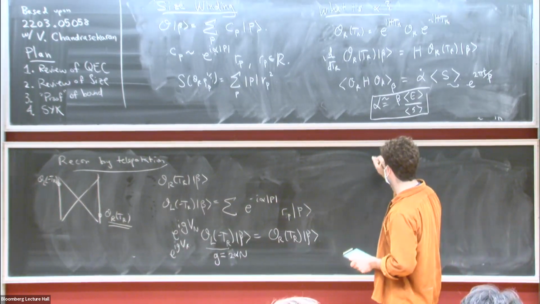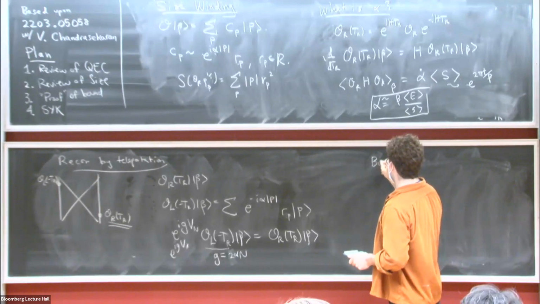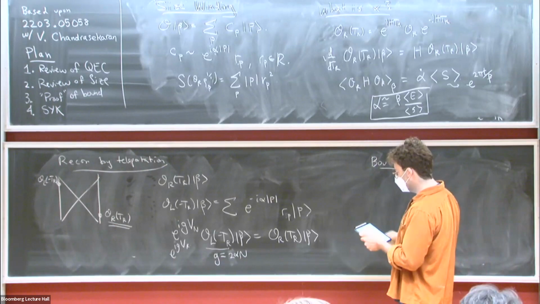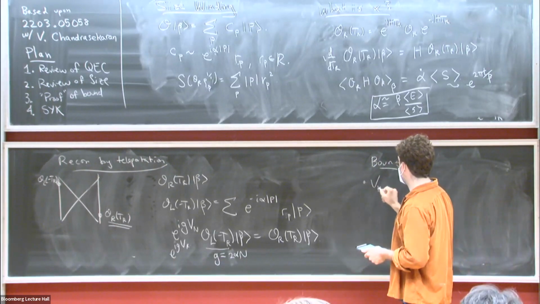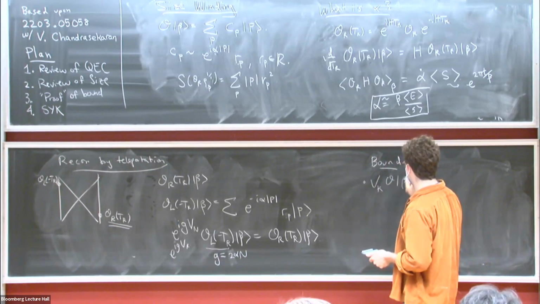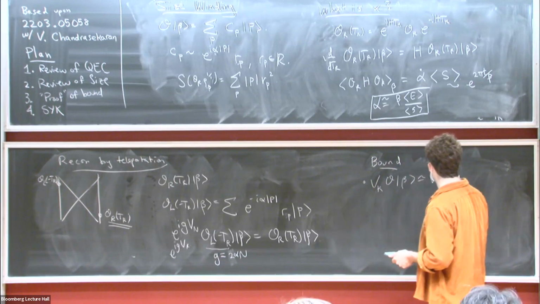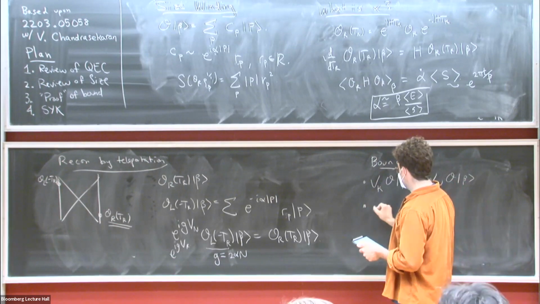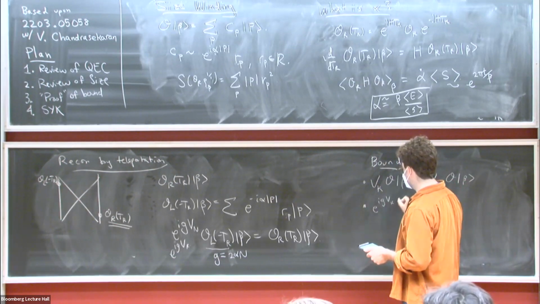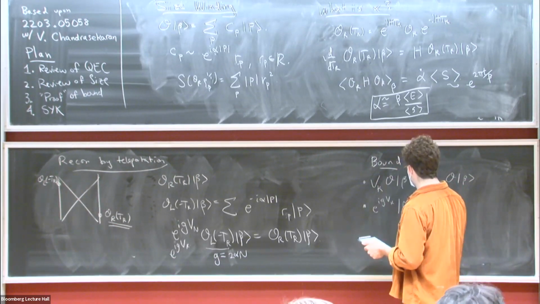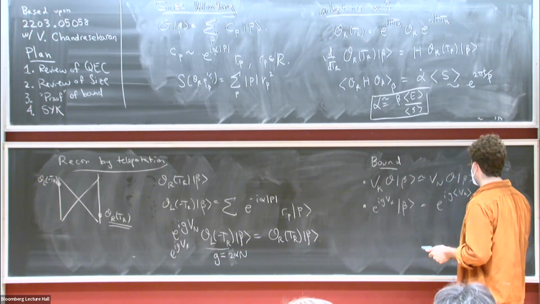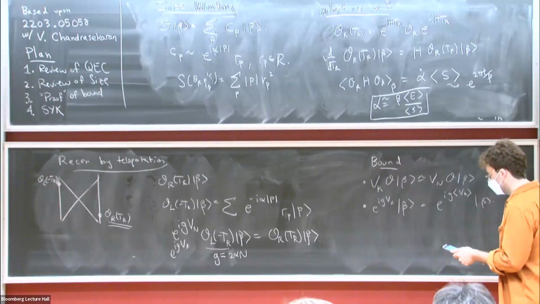So there's a bound which says that we need three conditions for this to work. So we need that V_K is approximately V_n. But that I just said is that the operator is sufficiently scrambled. And then we also need this bound, that e to the iG acting on beta is a pure phase. We need this condition.